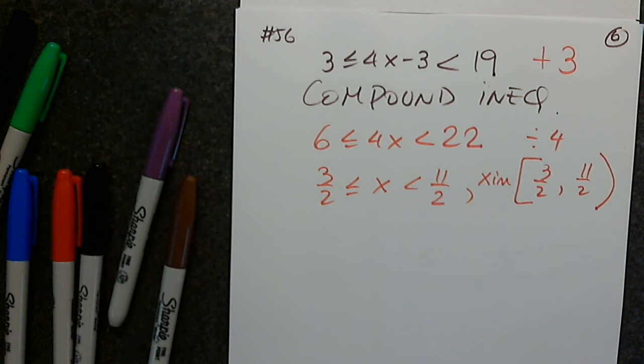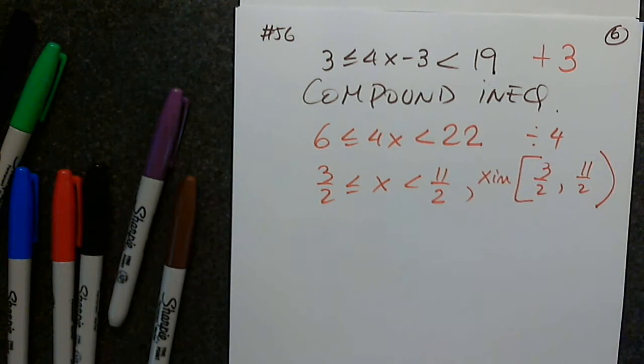I like to write x in. Let me explain why. Because if the interval is, for example, 1 comma 4, you may think that this is an ordered pair. 1 is for x and 4 is for y. But I'm fine if you don't want to put it in. It's okay.